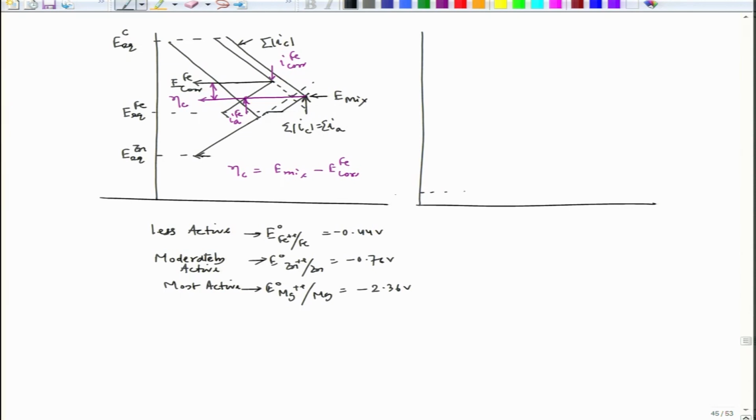In that situation, this point in this case was the equilibrium point. So, I can change the equilibrium point, E equilibrium of magnesium, and the iron equilibrium point will not change. So, this is iron, this is magnesium, if I consider this situation.